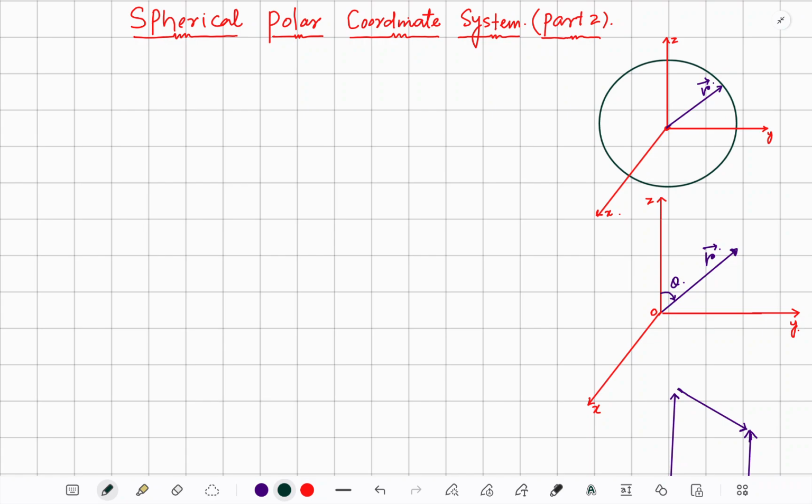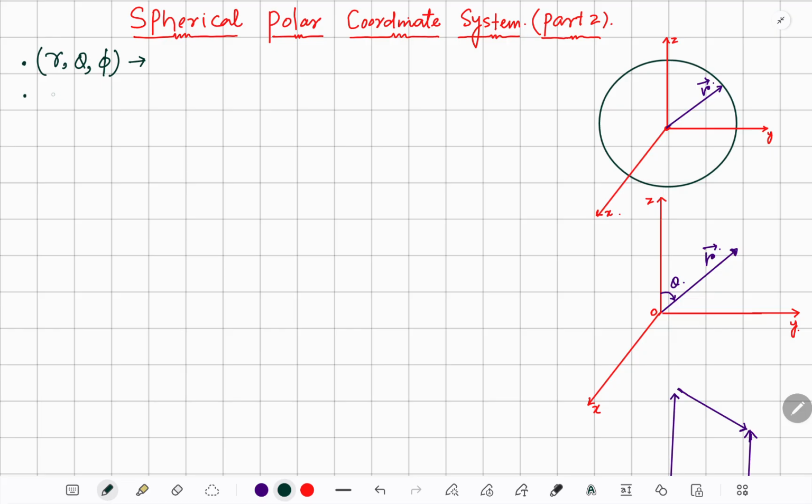Okay. In the spherical polar coordinate system, we have three coordinates, just like the Cartesian coordinates x, y, and z. Here we have r, theta, and phi. One more thing I discussed is that we cannot define the spherical polar coordinate system without the Cartesian coordinate system.